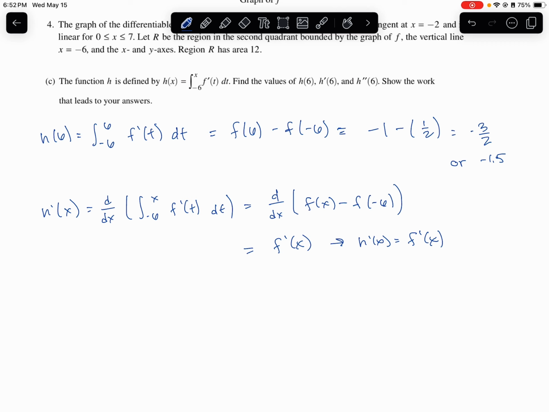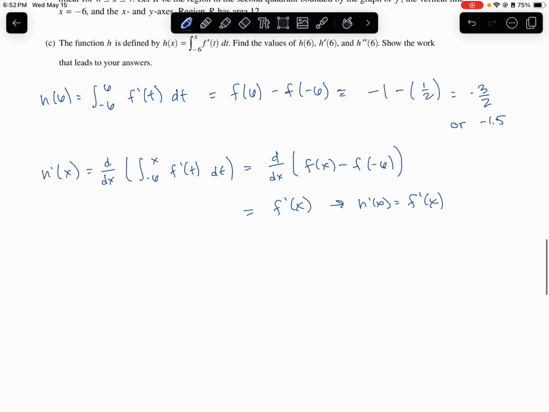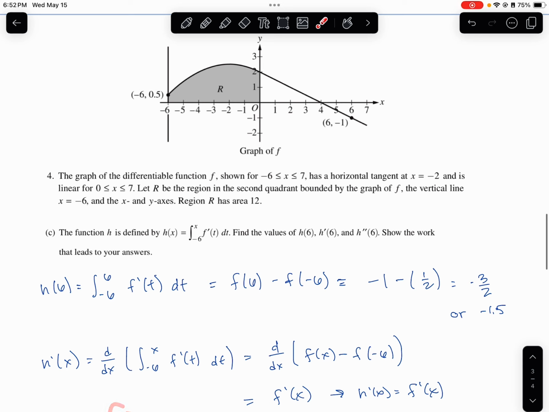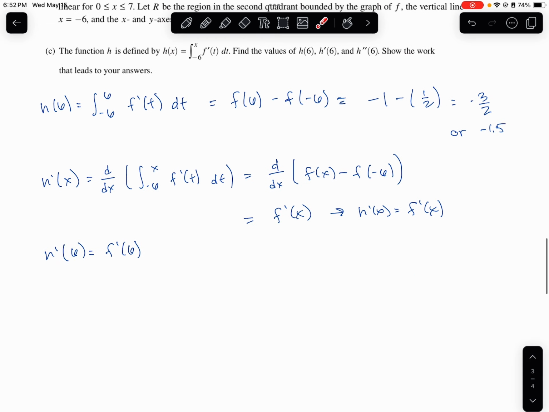I was probably a bit explicit there, but in any case, if I want to find h prime of 6, that's going to be equal to f prime of 6, and f prime of 6 would be, if I look right here, the slope at 6 of our function, which is negative 1 half. So that's equal to negative 1 half.